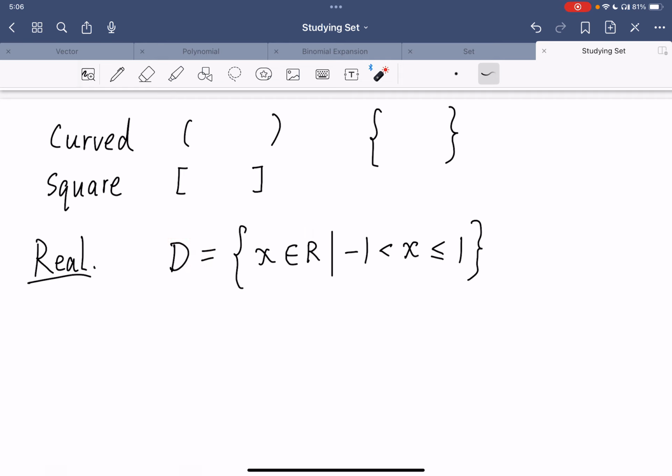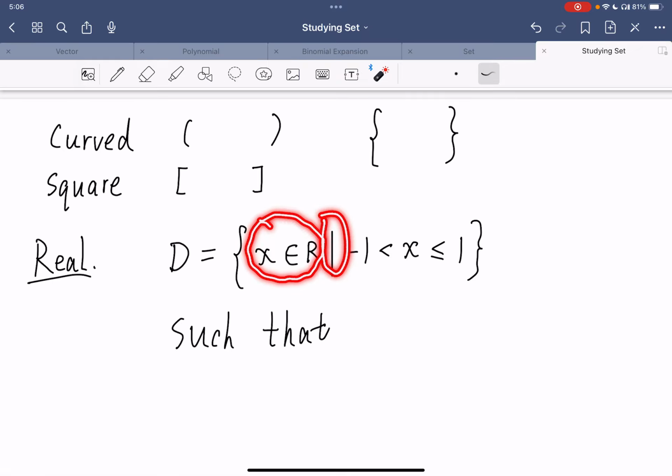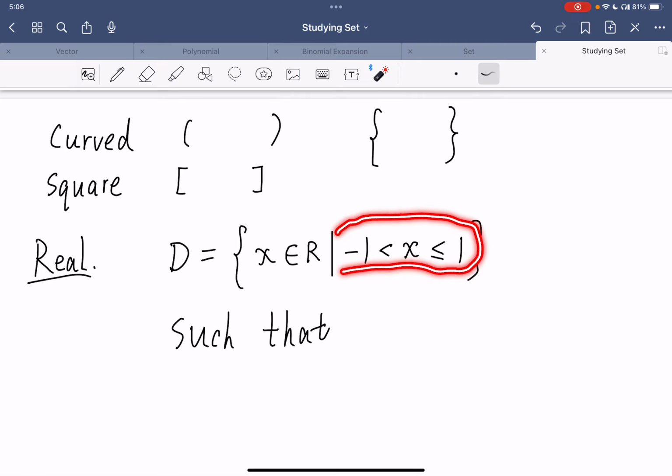And this vertical line, we often use it as such that. So x is an element of real number such that this is the range for x inside the set D. Okay, clear?